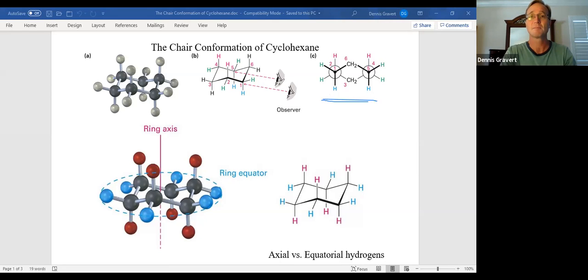Use both eyes, look down both bonds. But if you look at the edge of this chair conformation, from one perspective, look at the carbon 1,2 bond, that will show up as a Newman projection. And if you look down the 5,4 bond, that's another Newman projection.